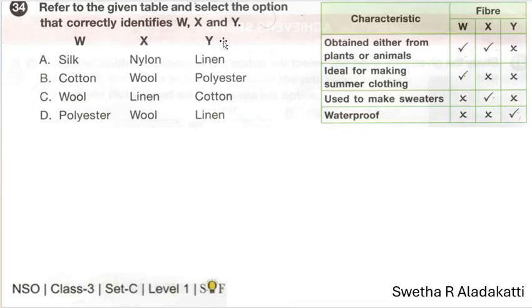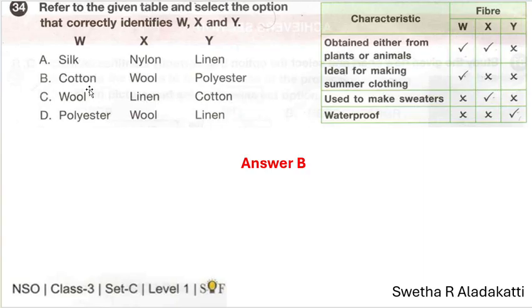34. Refer to the given table and select the correct option that correctly identifies W, X, and Y. Let's see the answer on the fibers. W, obtained either from plants or animals and ideal for making summer clothing. Silk is obtained from silkworm, yes, from an animal.